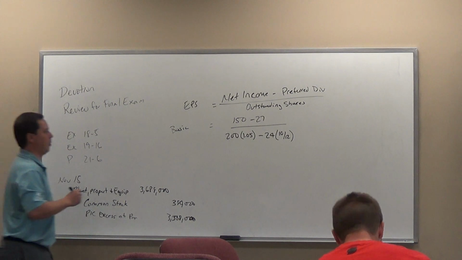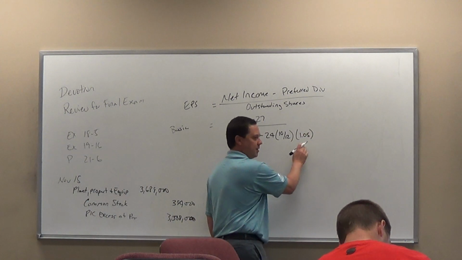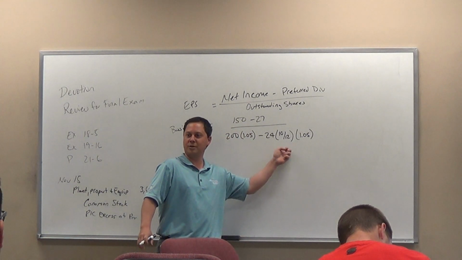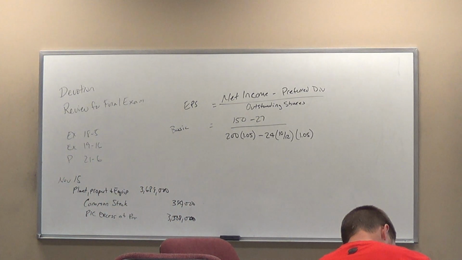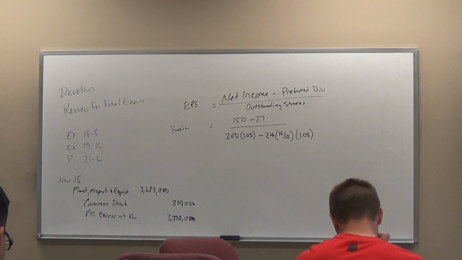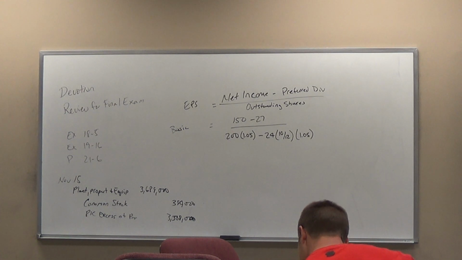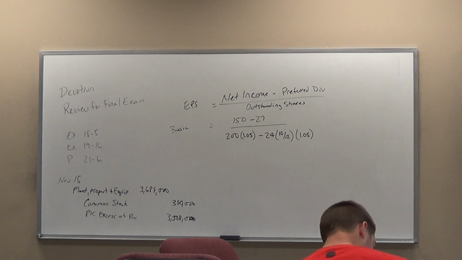I'm also going to multiply that by 1.05, because remember that dividend. But I don't want to do it for the full amount because we only had it for a limited amount of time, so that's why I'm doing that. Now, when was that dividend given out? July 1st. So anything after July 1st, we don't worry about the dividend, okay? So just be aware of that.